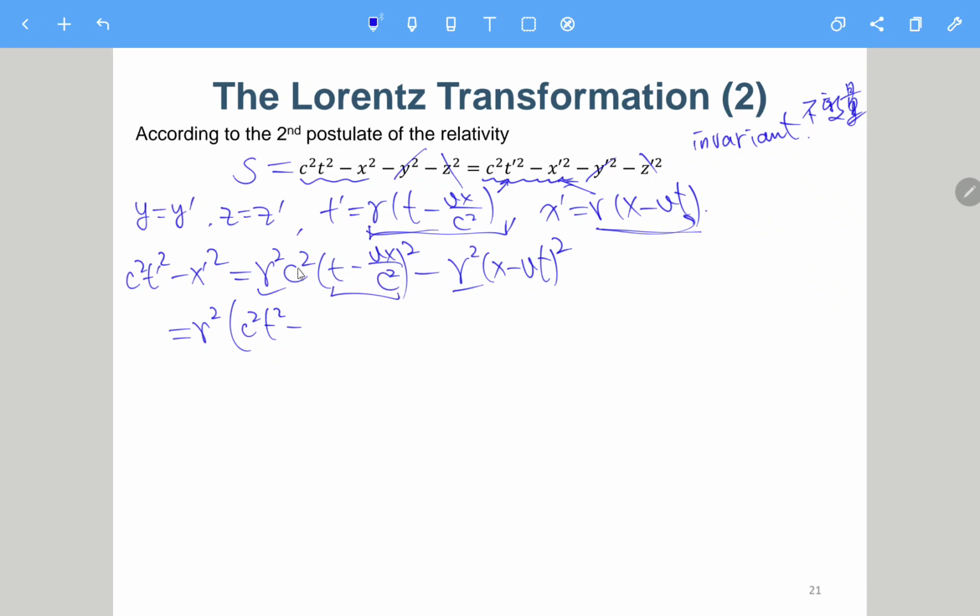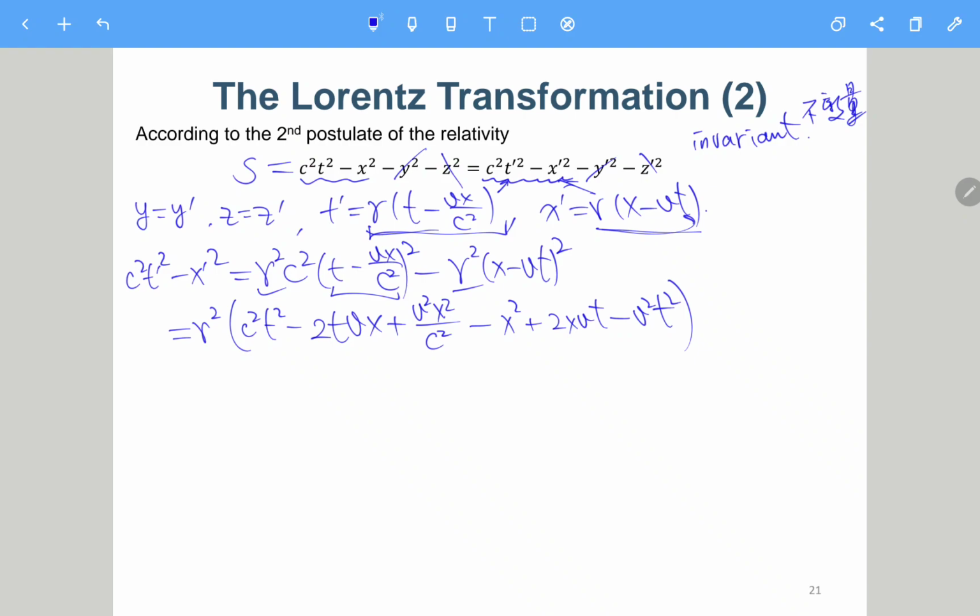We have c squared here, c squared here, we cancel, so we have 2tvx. And then we have c to the 4th power, partly canceling with this one, so we have v squared x squared over c squared. And then we subtract this square, which will be minus x squared plus 2xvt, minus v squared t squared.